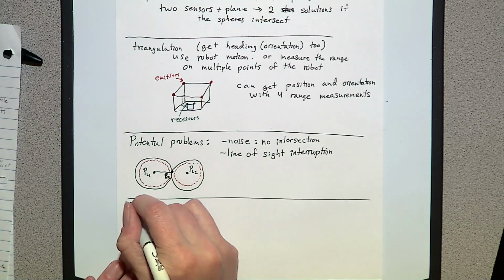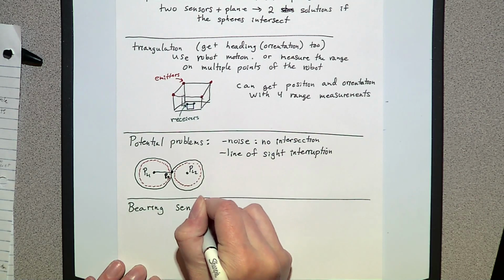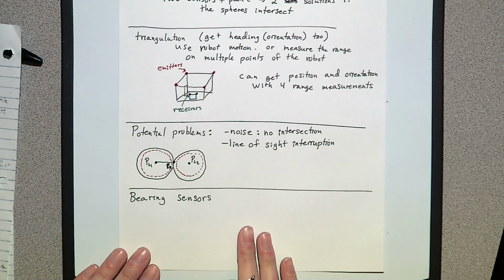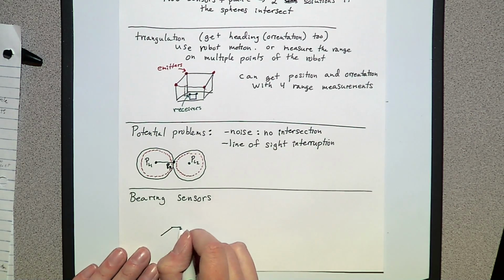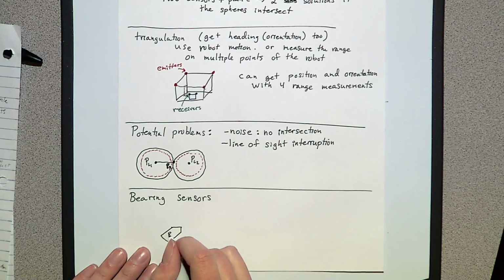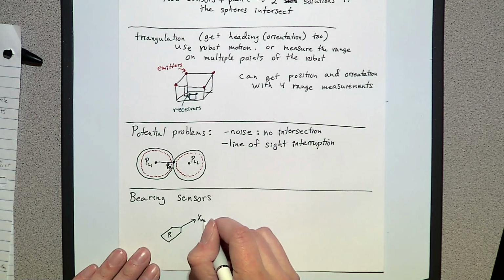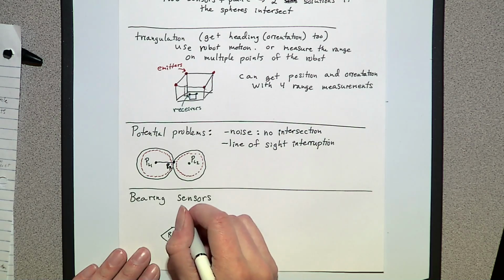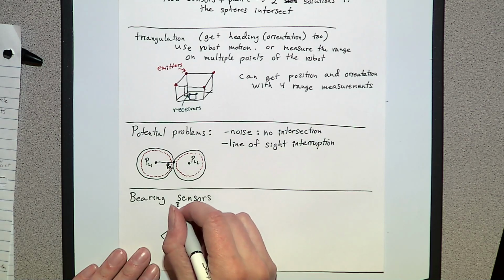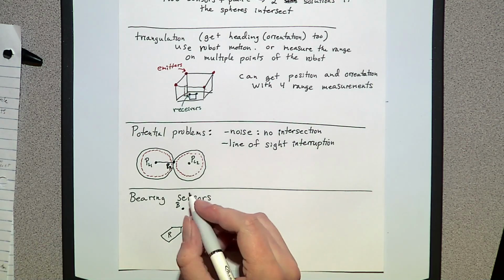Let's say we tried to do the same kind of idea with bearing sensors. So let's say that we have our robot here. I'll use an arrow so we know which way the robot is going, and so it's forward motion along the x direction. And then we have some landmark here, which has a bearing sensor on it.